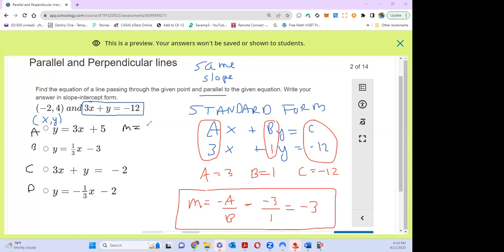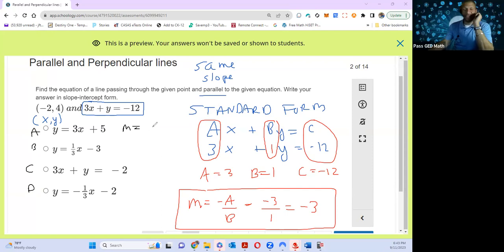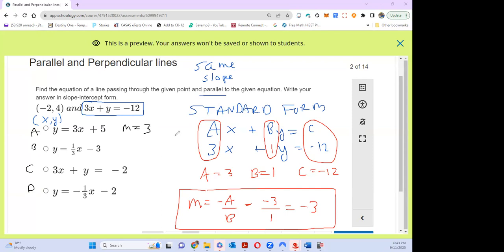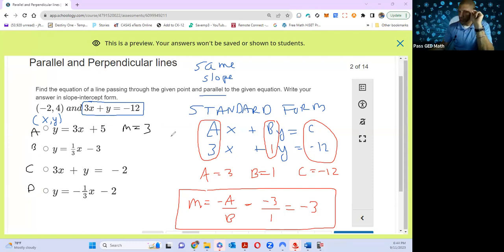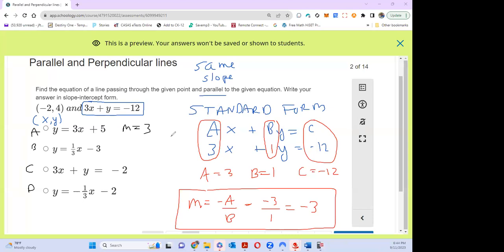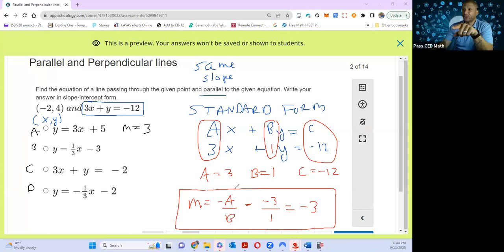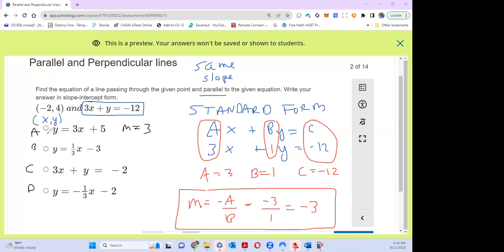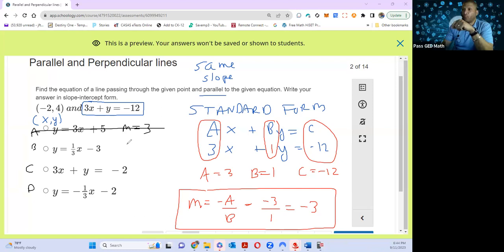A is y equals 3x plus 5, so the slope is 3. Y equals mx plus b, where m is your slope. If it starts with y equals, whatever's in front of that x is your slope. So if we're looking for a slope of -3, can it be A? No. What's the slope of B?